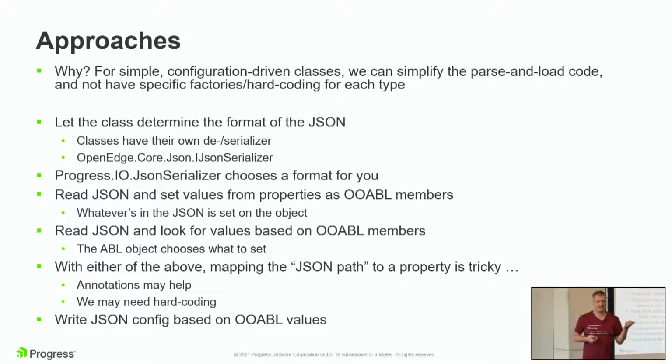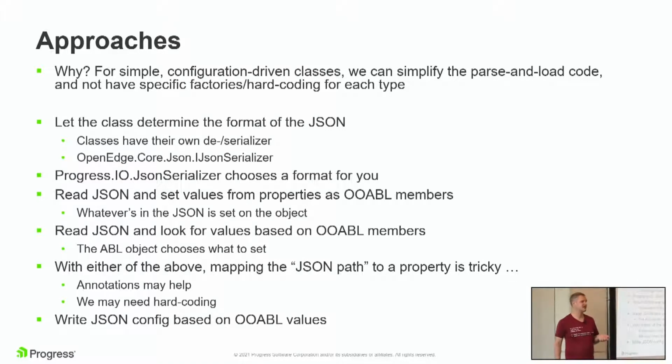Another approach is to let the class determine the format. We added, probably in about the 11.5.6 time frame, packages in the Progress.IO namespace for a JSON serializer, which takes an object. If an object is defined as serializable, with a serializable keyword on the class statement and on certain of the members, you can just say, serialize and deserialize this object using the built-in Progress serializer. It works really nicely.